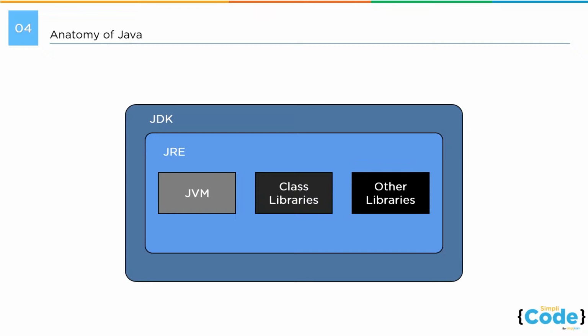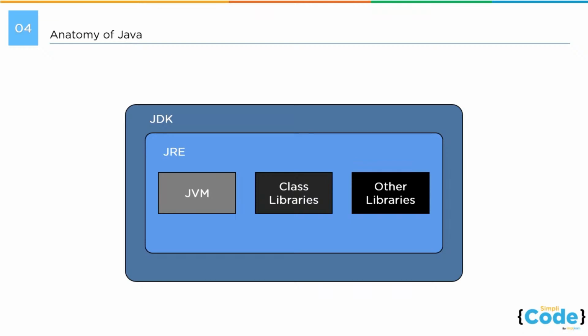This is what you're going to install on your machine. Once the JDK has been installed, the JDK will provide a lot of other components as well, like Java Runtime Environment or JRE, Java Virtual Machine or JVM, some class libraries, and some other supporting libraries.